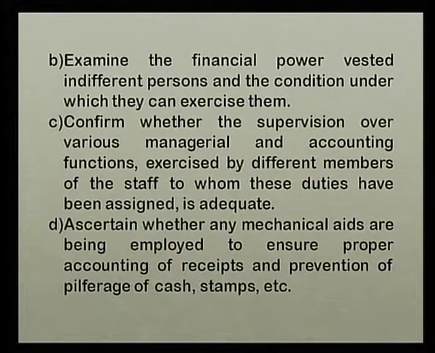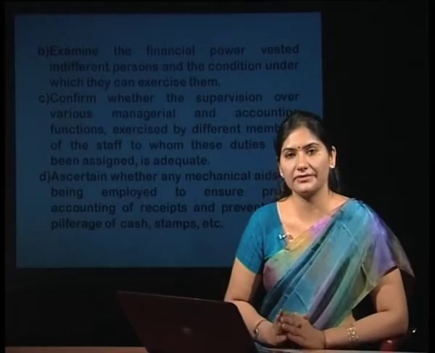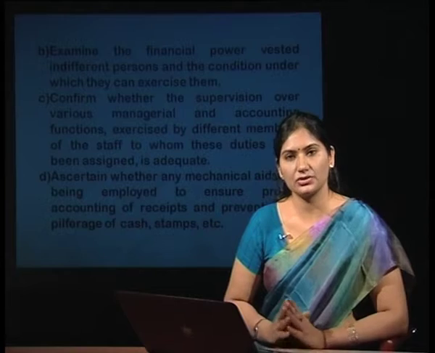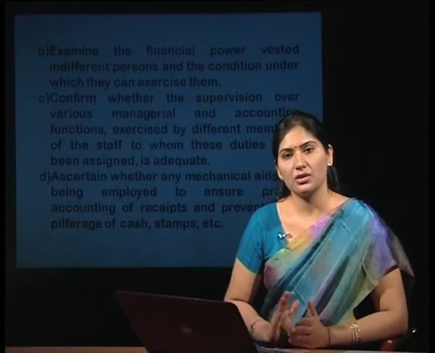So, a surprise check or internal check system should be there, where there is cross checking of their work within a time period which is not already fixed. So, surprise checks should be planned within the entity, or they can also be done by the auditor who has come to audit the entity.